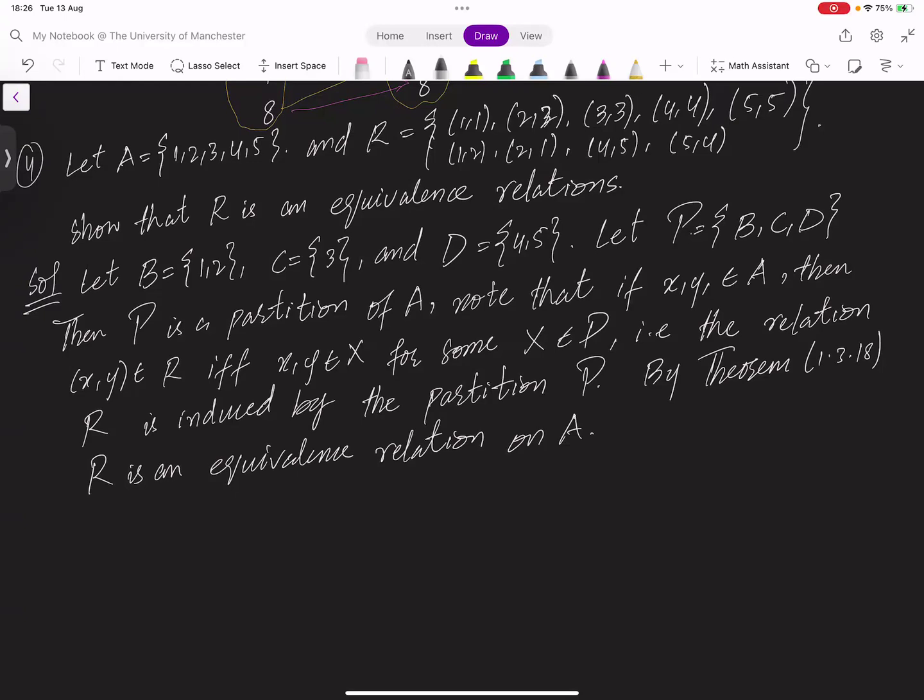So that's why the partition induces a relation R, which is an equivalence relation, as we have discussed in theorem 1.3.18.